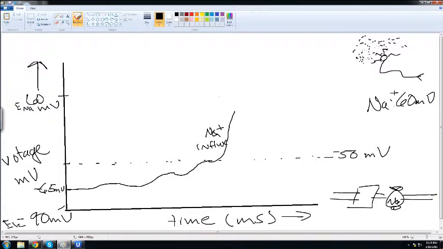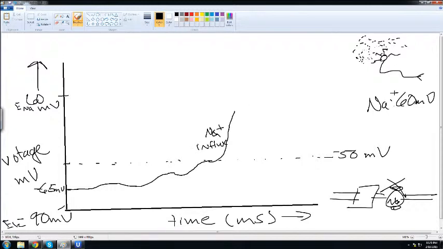It increases the voltage of the membrane, and then eventually, before the cell can actually get to 60 millivolts, when it's maybe around 30 or so, these channels will inactivate. They will close. It'll make it impossible for any more sodium to flow in. These channels will turn off before sodium can achieve its dream of reaching positive 60 millivolts.